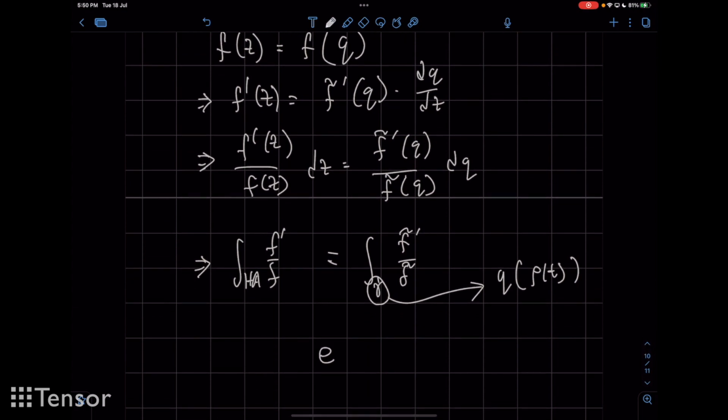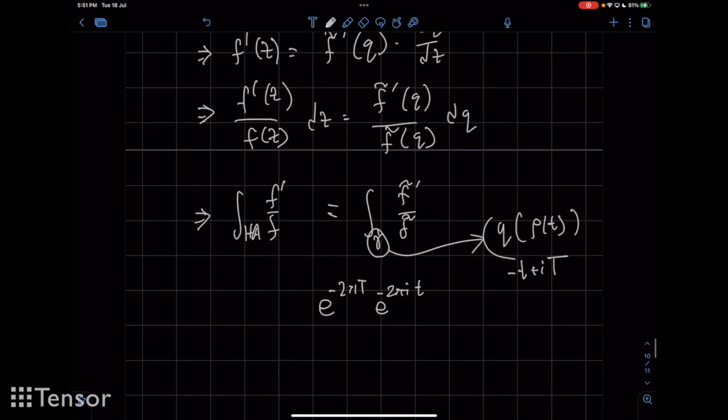And rho of t is negative t plus i t, right? So what is the image under q? Image of HA under q? This is e to the negative 2 pi t, e to the 2 pi i t, that's a minus sign, right? Yeah. And what is this?